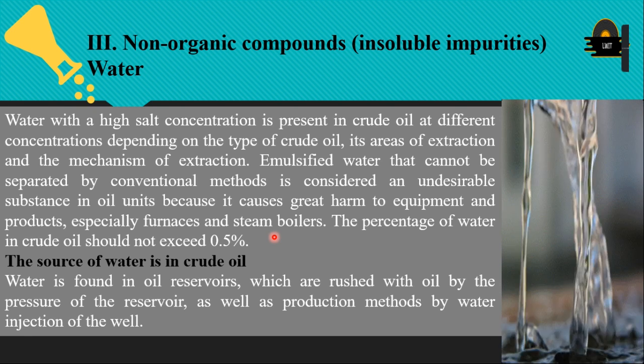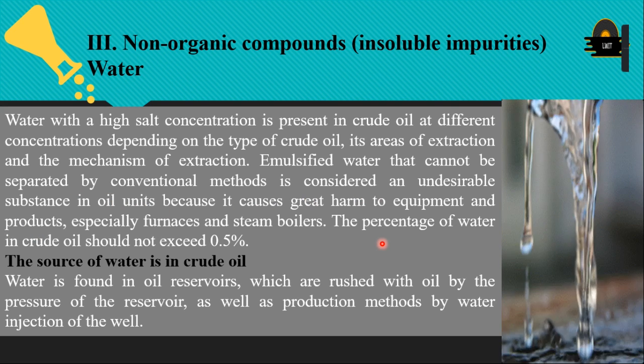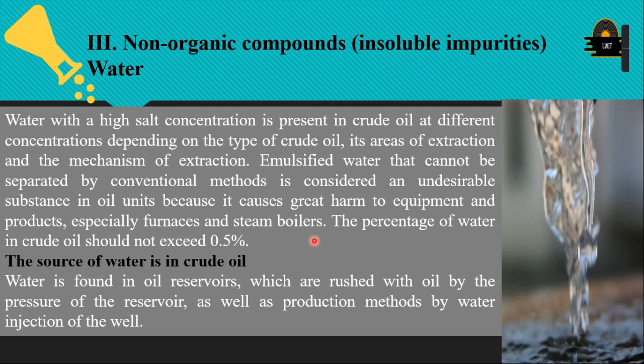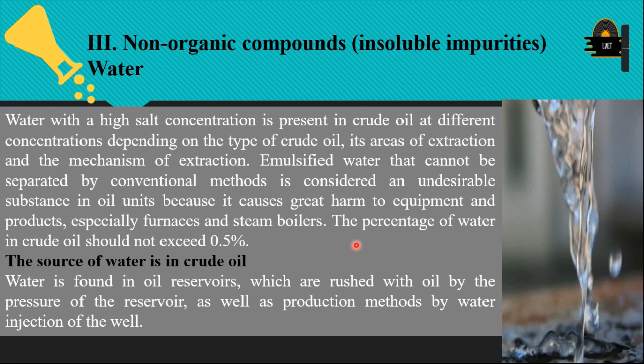Emulsified water that cannot be separated by conventional methods is considered undesirable, so we need to remove it because it causes great harm to equipment and product, especially furnaces and steam boilers.